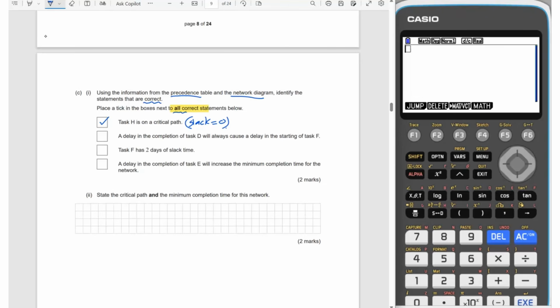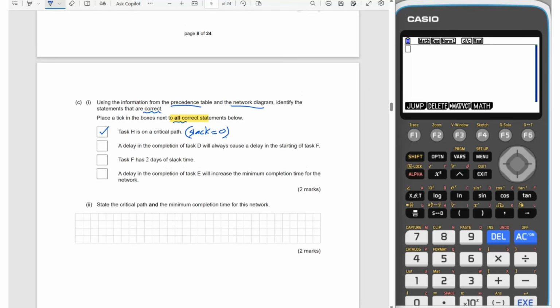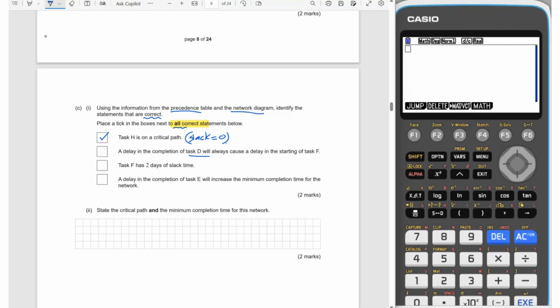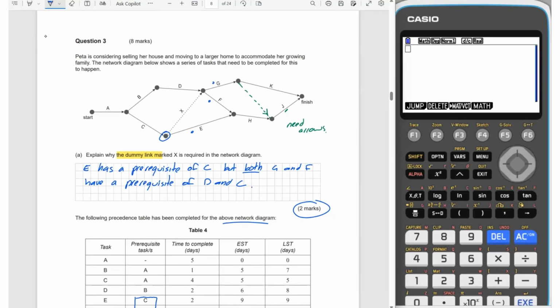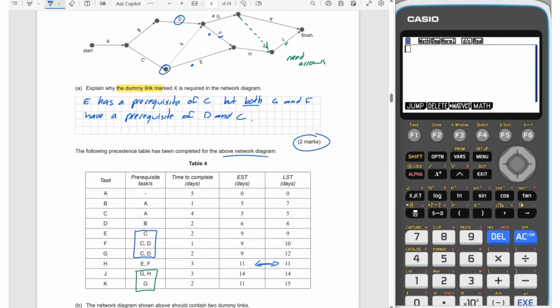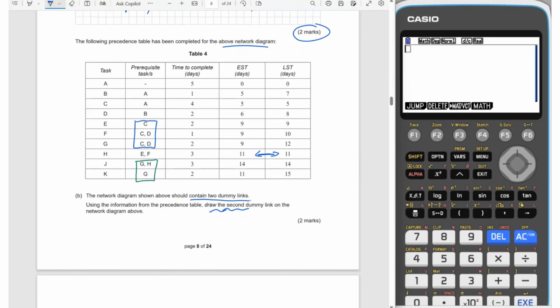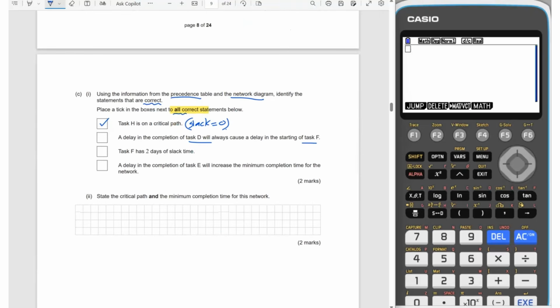A delay in the completion for task D will always cause a delay in task F. So up here, we've got D. So a delay in D will cause a delay in F. Well, not necessarily, because we've also got C coming through here as well, which is down here. So I would be saying for this one it's not true.